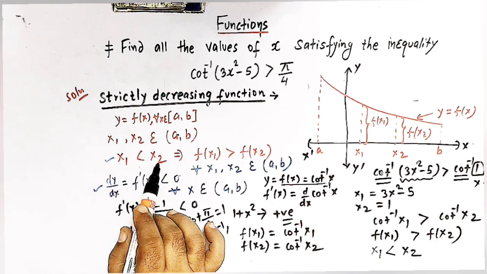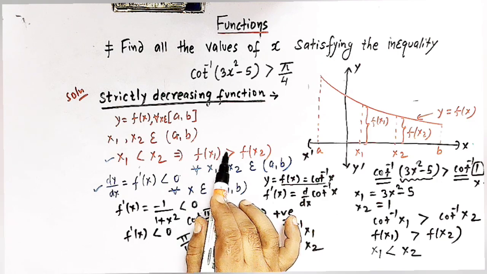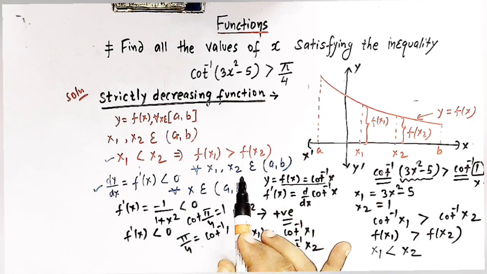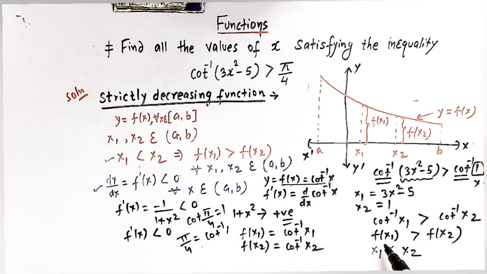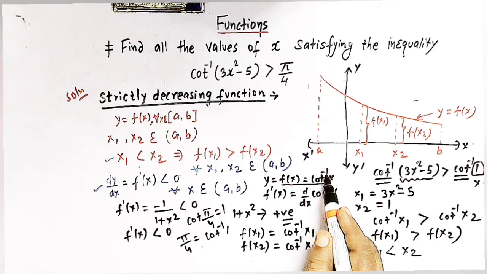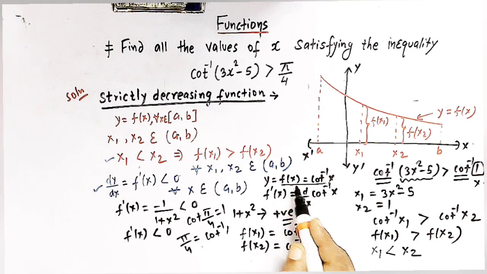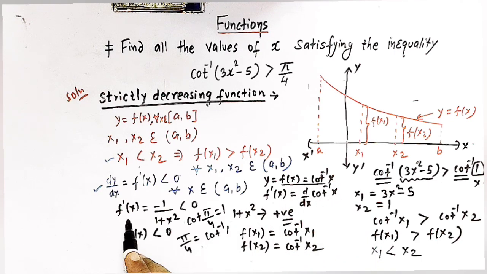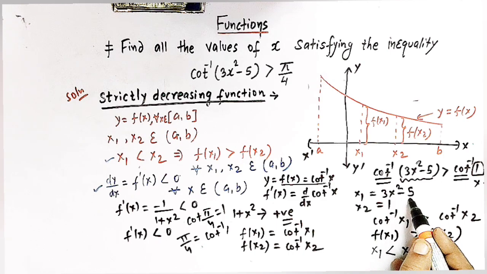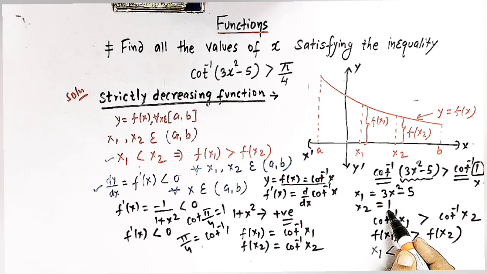Because when x1 is less than x2, then f of x1 should be greater than f of x2 for a strictly decreasing function, and we have f of x1 greater than f of x2, and we have just proved that cot inverse x, that is f of x, is a strictly decreasing function because the derivative, that is f prime of x, is less than 0, right? So x1 must be less than x2, that is this input must be less than this input, that is 1.